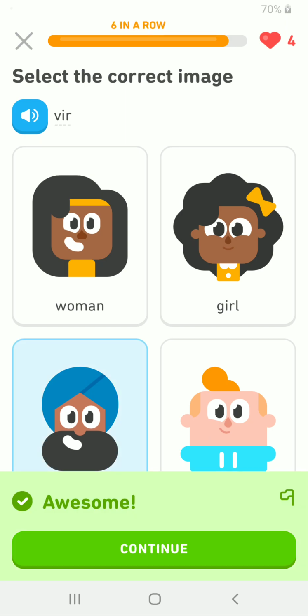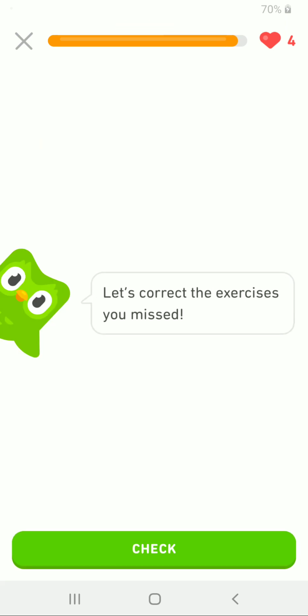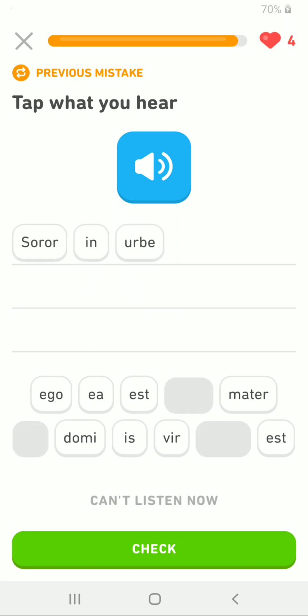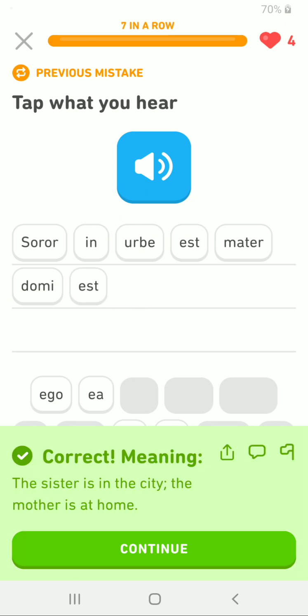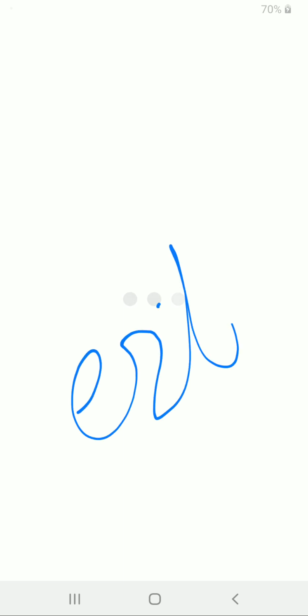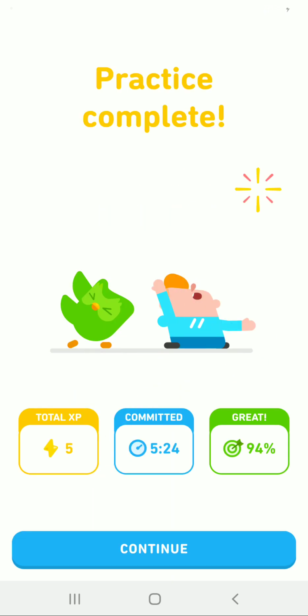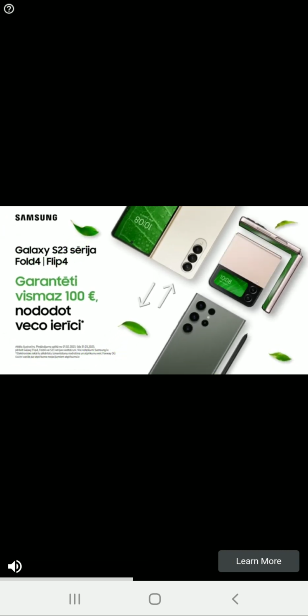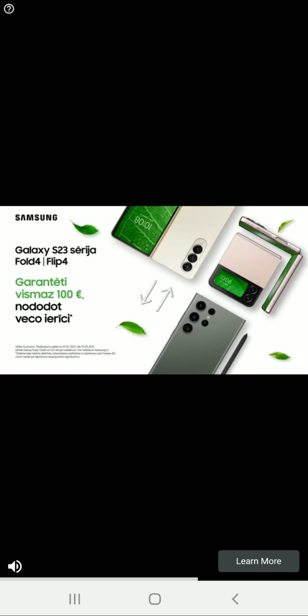Soror in urbe est, mater domi est. So we made that silly mistake because I forgot to put est, is. The verb is important. Not like in Russian, in present tense, you can skip it. It is not used. You don't say I am.